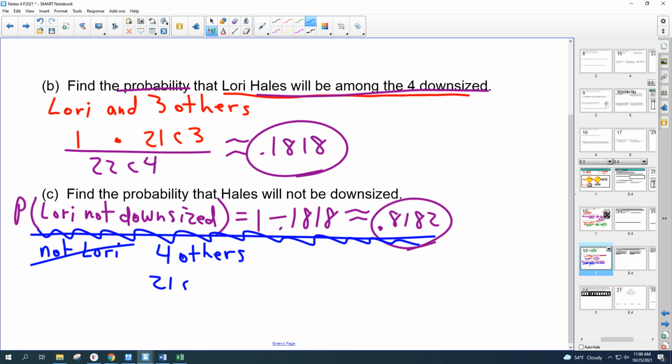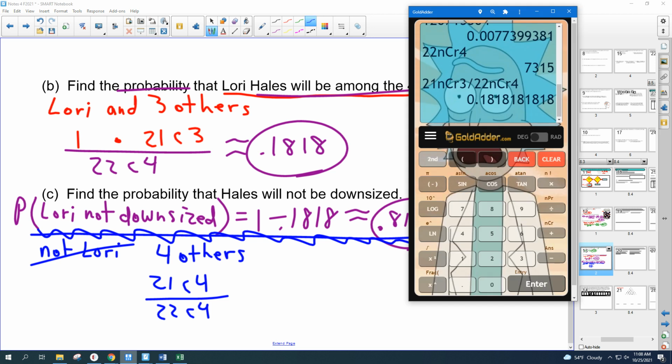This is going to be 21 choose 4 out of a total of 22 choose 4. All right, that's how you would directly calculate this problem. So let's see if that works. 21 choose 4, those are the others, out of 22 choose 4, 0.8182. There it is. All right, so there's 2 different ways of doing this problem. Either you do it directly or you do it indirectly and subtract from 1.